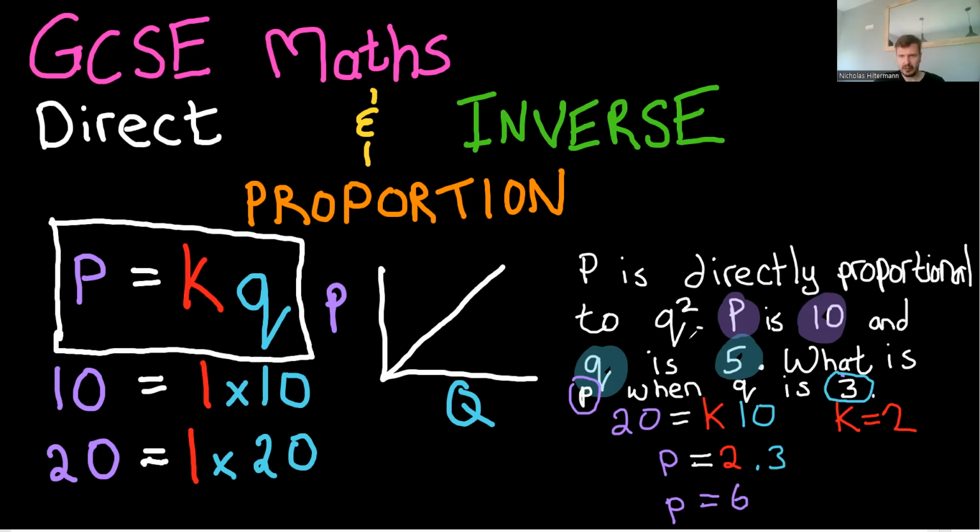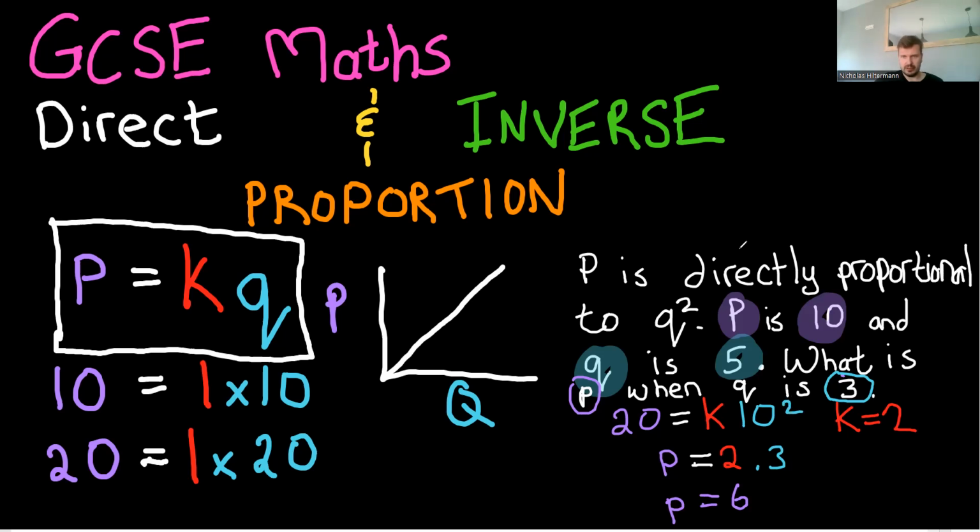Because it's Q squared, when we're working out our K, we have to actually put Q squared in. I haven't changed anything except the fact that it's proportional to Q squared.